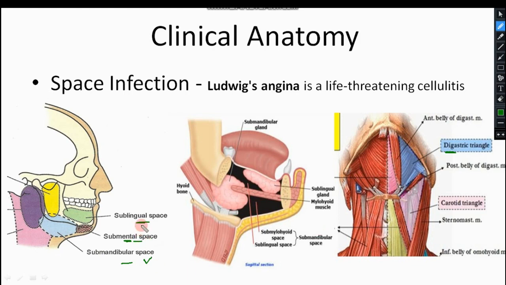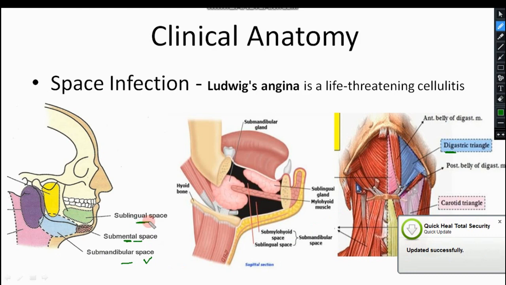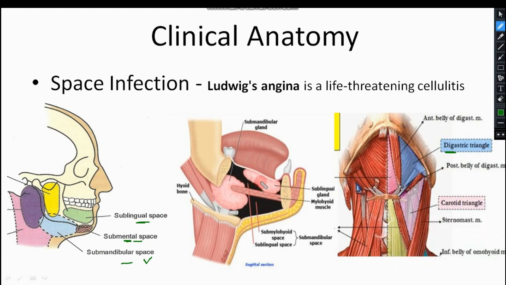Whereas the sublingual space is seen in the anterior part of the floor of the mouth, above the mylohyoid muscle. So it is present here, the sublingual space above the mylohyoid muscle.